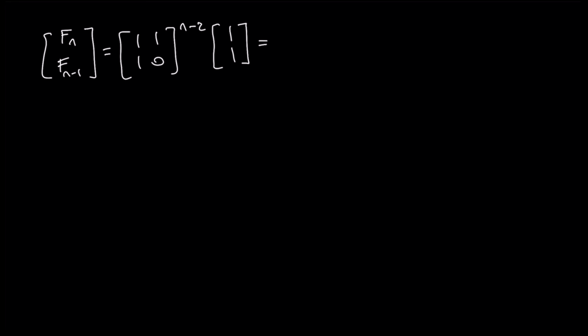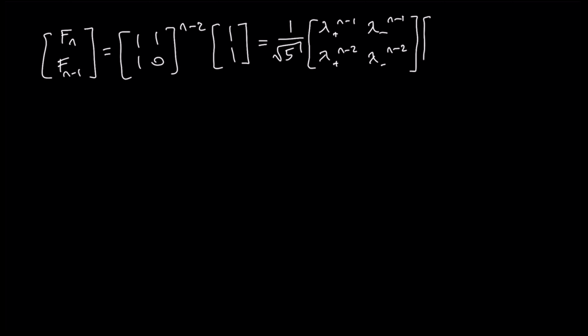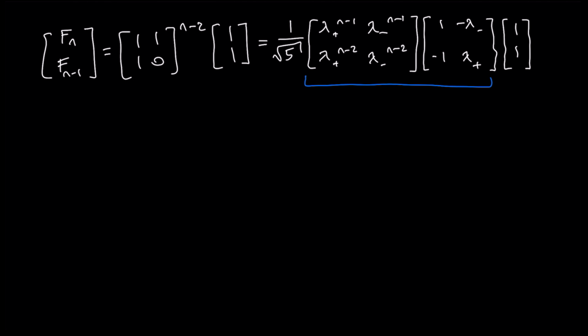And from that calculation I did before, I can rewrite this as 1 over the square root of 5 outside of lambda plus to the n minus 1, lambda plus to the n minus 2, lambda minus to the n minus 1, lambda minus to the n minus 2, times that S inverse matrix, so 1, minus lambda minus, lambda plus, and then also times that column vector 1, 1. So to simplify, this matrix multiplication would get quite complicated.